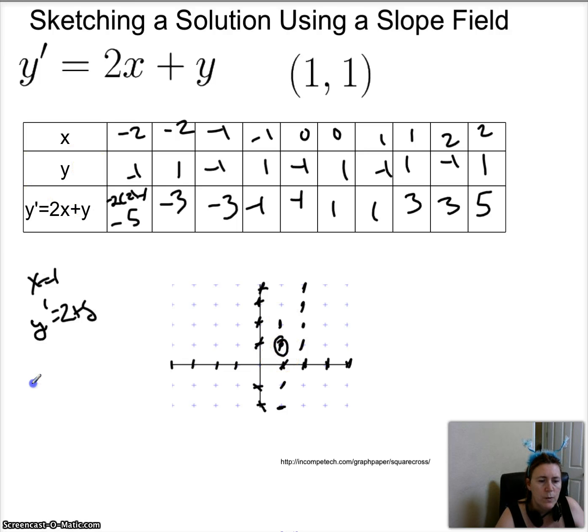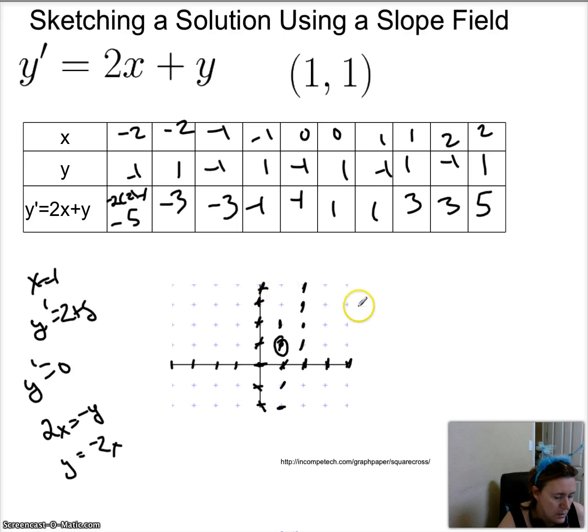Y prime, where is y prime 0? Well, it's when 2x equals minus y, or when y is -2x. Okay, so it's obviously 0 at 0, and it's also when y is 2x, so you always want to sketch in the zeros if possible.